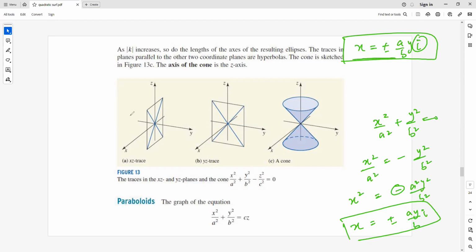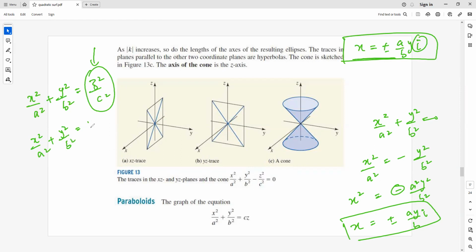So now we can do one thing: we keep x squared over a squared plus y squared over b squared on the left side and move z squared over c squared to the right. And if we take this as a constant, for instance, if we fix z, let's say it's a constant, then this represents the equation of an ellipse.